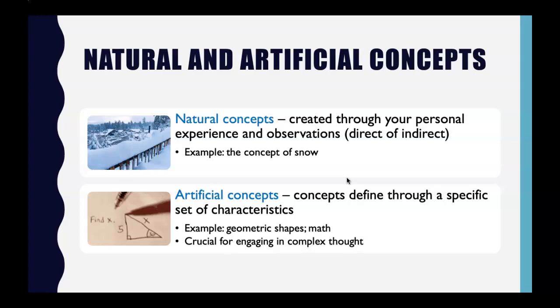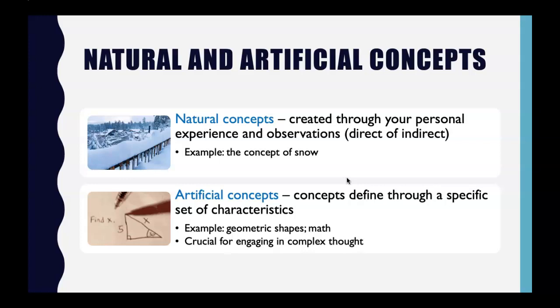Artificial concepts are going to be concepts defined through a specific set of characteristics. Honestly, the best example for artificial concepts are shapes in geometry, because the only way these different things exist is through the set of characteristics through which we define them. So a triangle.